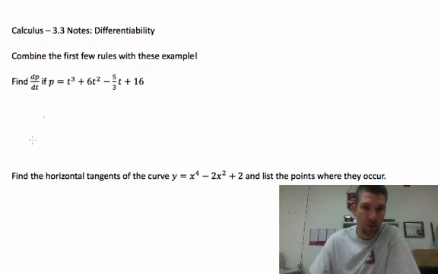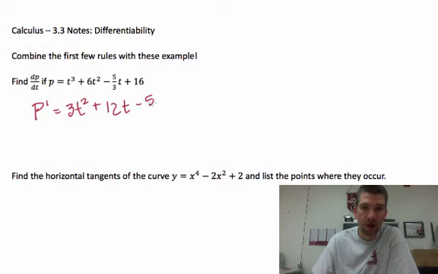So dp dt would be p prime. P prime is equal to 3t squared plus 12t minus 5/3.